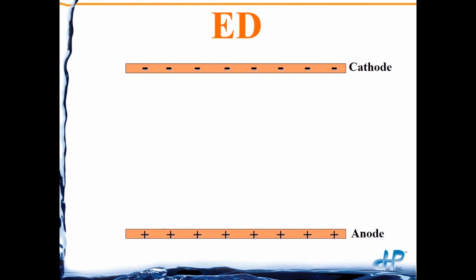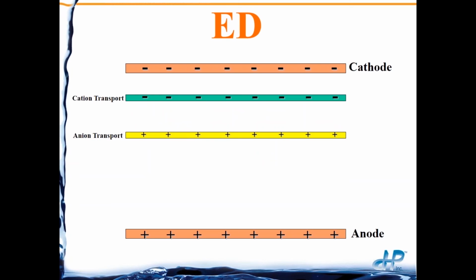Okay, so with ED, as we'll see with EDI as well, you have a cathode and an anode. This is direct current. So the cathode is always the cathode, the anode is always the anode. And then in between the two electrodes, we put cation transport and anion transport membrane sheets. So for those of you that are familiar with ion exchange, a cation transport sheet would be made essentially out of strong acid cation resins that are in like a plastic matrix.